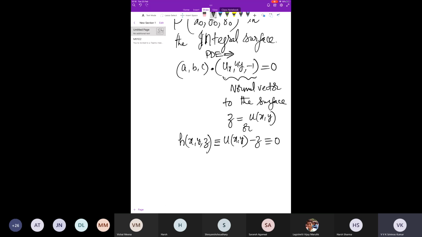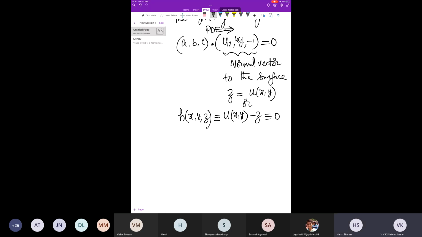That means the (a, b, c) vector is tangent, of course at a fixed point, tangent vector to the surface.